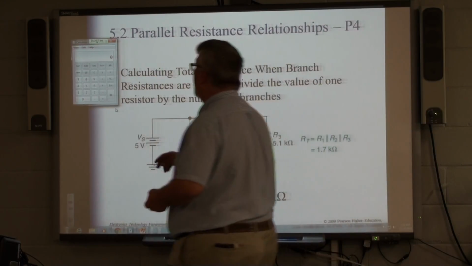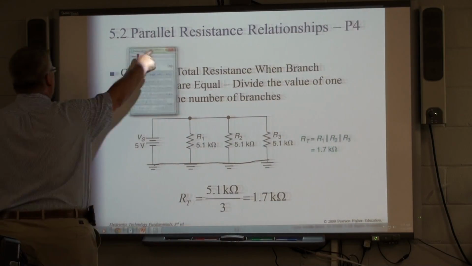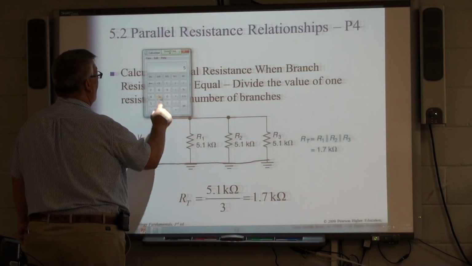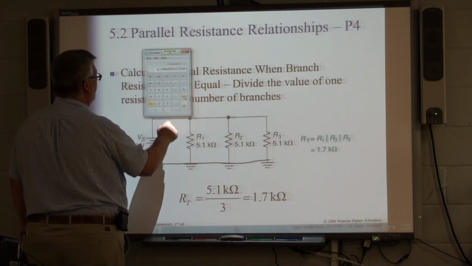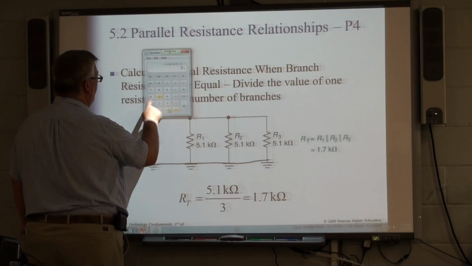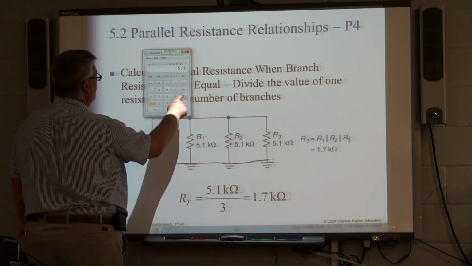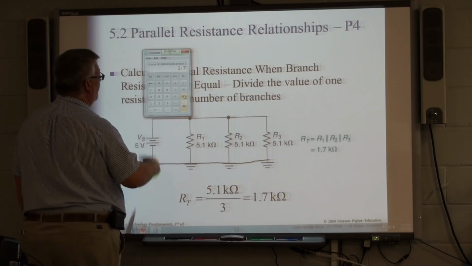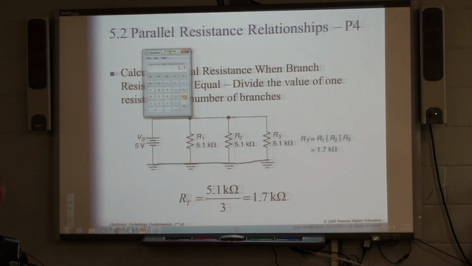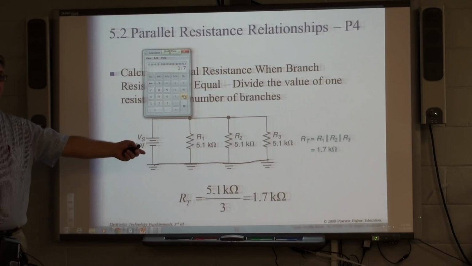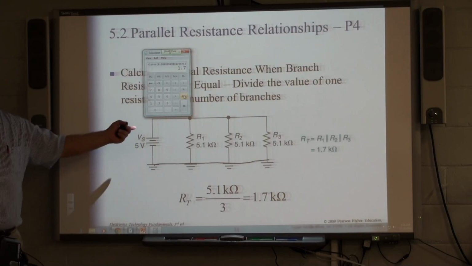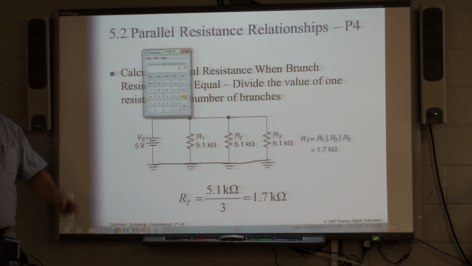So I'm going to take 5.1, I'm going to reciprocate it. 5.1 reciprocal plus 5.1 reciprocal plus 5.1 reciprocal equals, reciprocal, 1.7. So that is a shortcut if they all happen to be the same value, but we don't even have to remember that. We can just go back and apply our normal method, and we're going to arrive at the same answer.